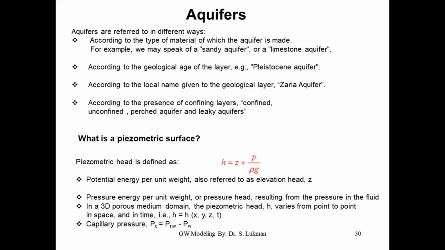So that you can think of a proper remedial action, a proper clean-up strategy that you can put in place to remediate the aquifer. That will take us into something else, the remediation of groundwater.